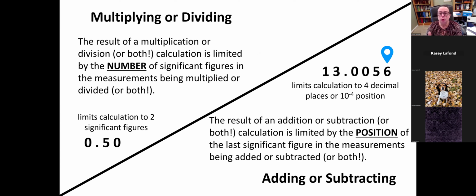That rule is that the result of all of our multiplying and dividing is going to be limited by the number of significant figures in whatever measurement has the smallest number, right? So whichever measurement was done the least well. If you think about it that way, whoever is sort of the weakest link in that whole chain of multiplying and dividing is going to limit how well we can know our final results.